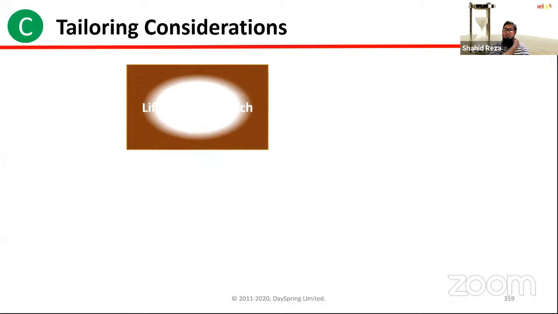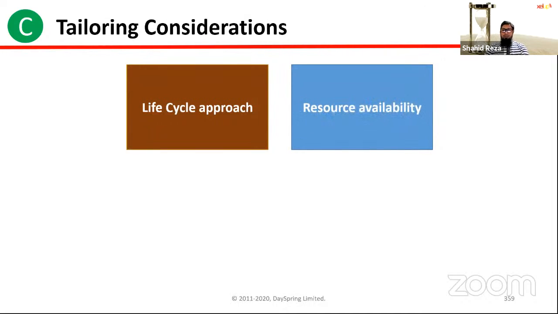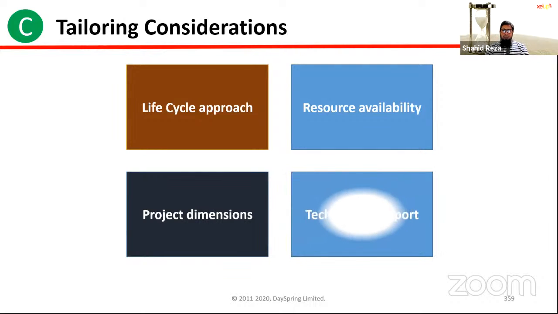Tailoring considerations. Every time you need to tailor. Think about tailoring. This is very important. Life cycle approach, resource availability. If a resource is not available, a scarce resource, then you have to think differently. Then project dimensions, size of your project, that is very important, then also size and complexity.